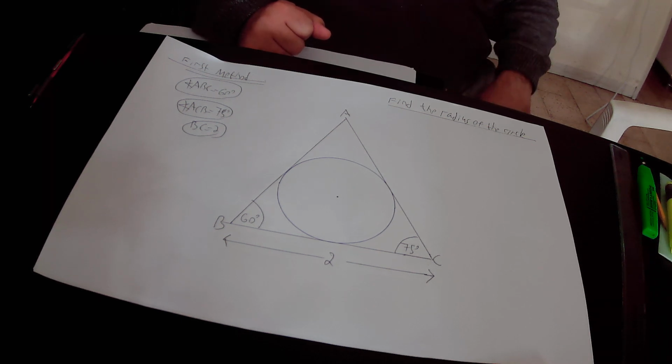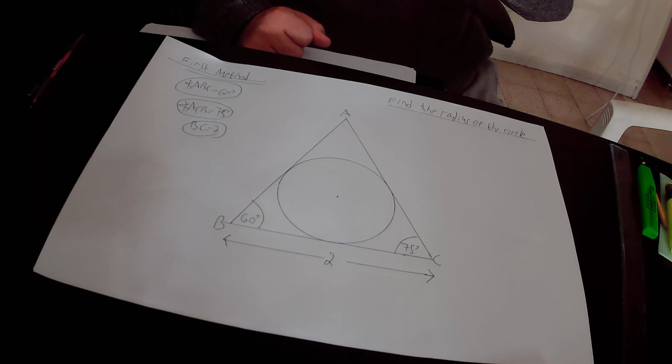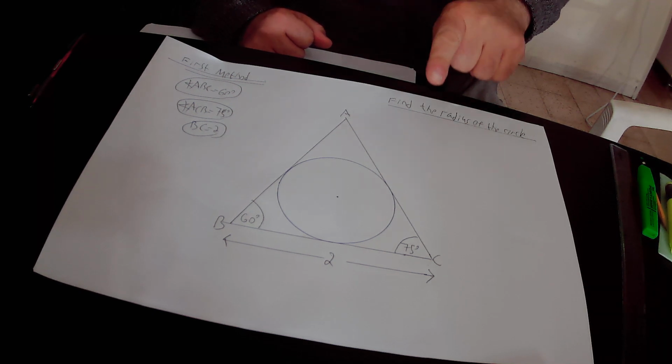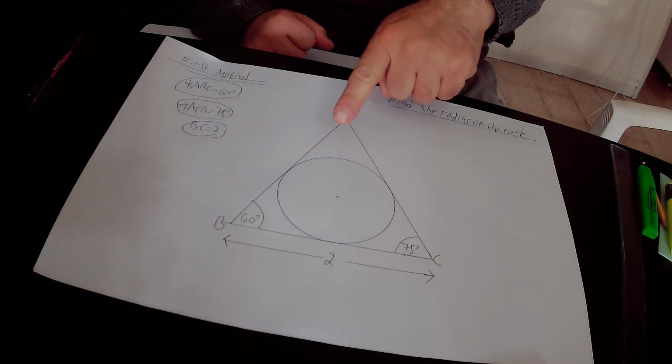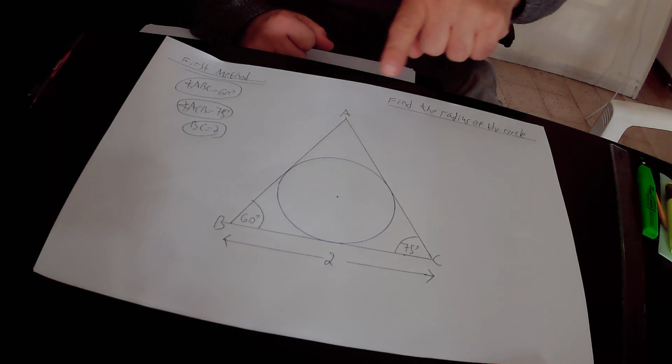In the first method, we do a construction. That is to say, from point C, we will draw a perpendicular on AB.